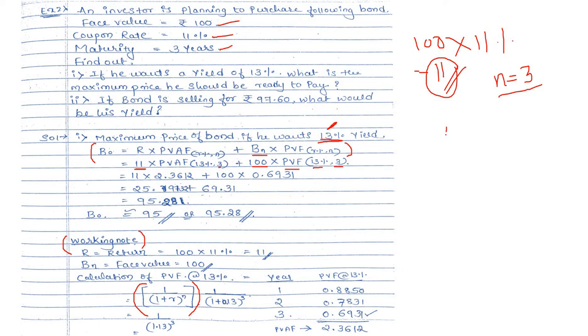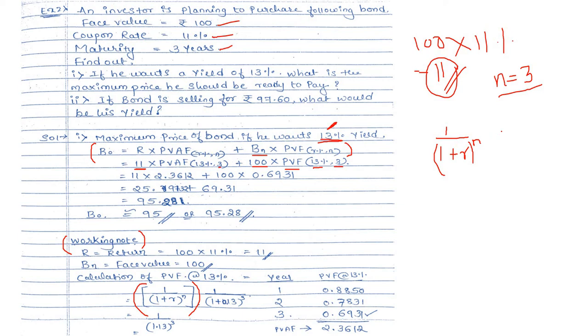What is that? 1 divided by (1 plus R) raised to N. Now the 1 remains the same. 1 divided by, again 1 plus R, and R is how much? 13%. So 13% means 0.13, raised to N. N means number of years, that is 3. So 1 divided by 1.13.